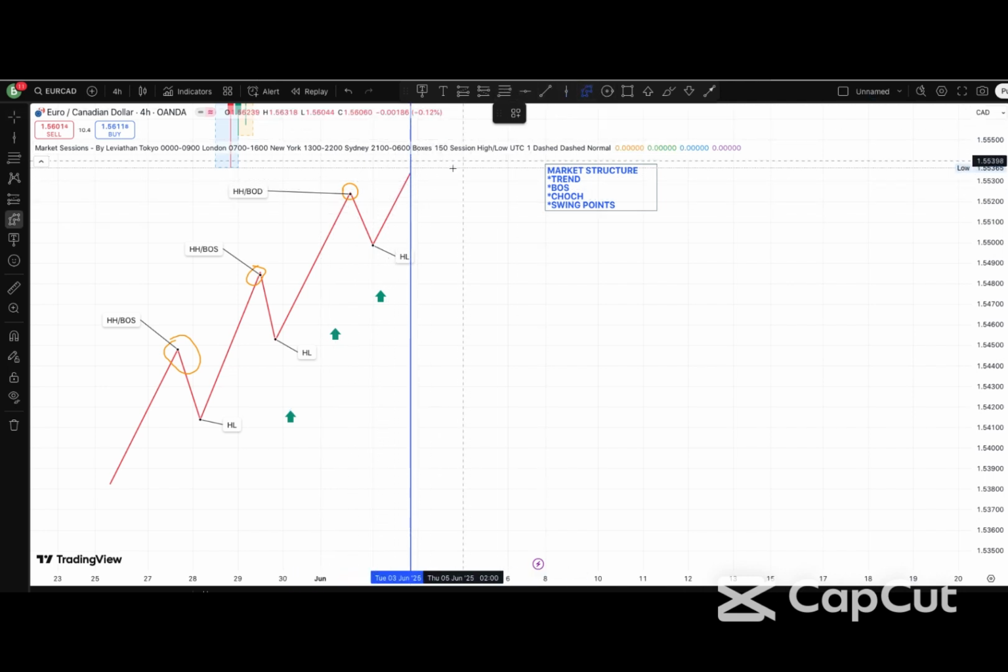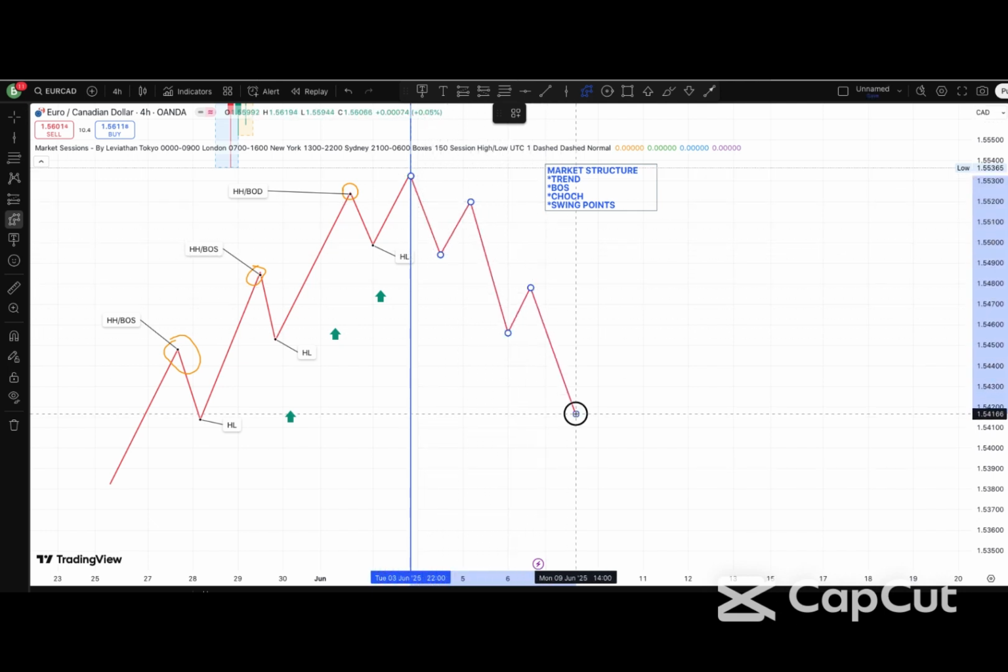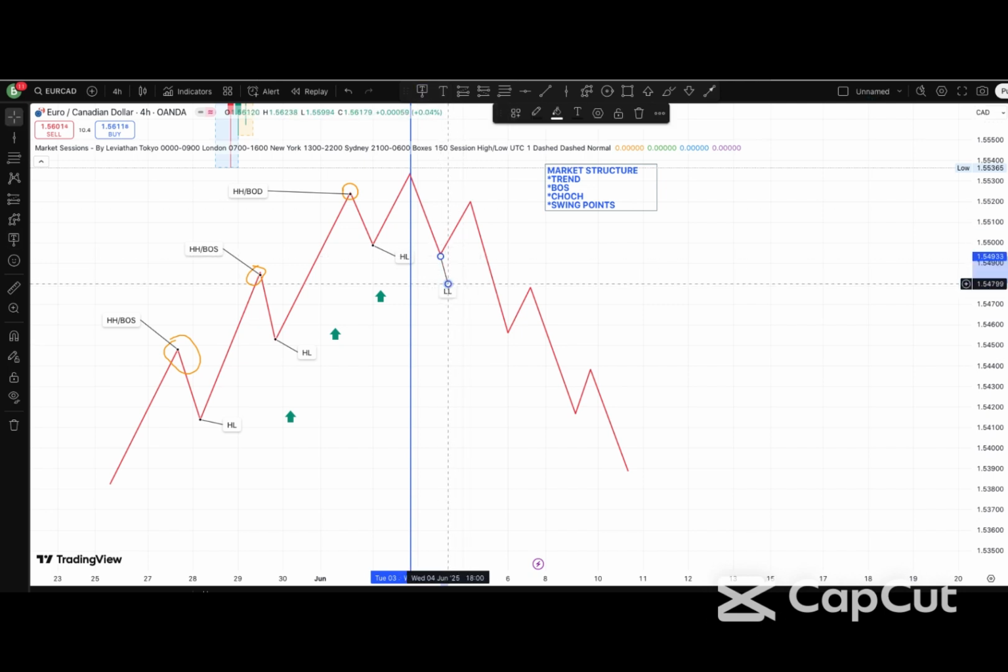And when you see the trend moving to the downside, creating a new lower low and lower high, it definitely means that the trend is shifting to the downside. So the lower low is still the BOS in this part. The lower low is a BOS.